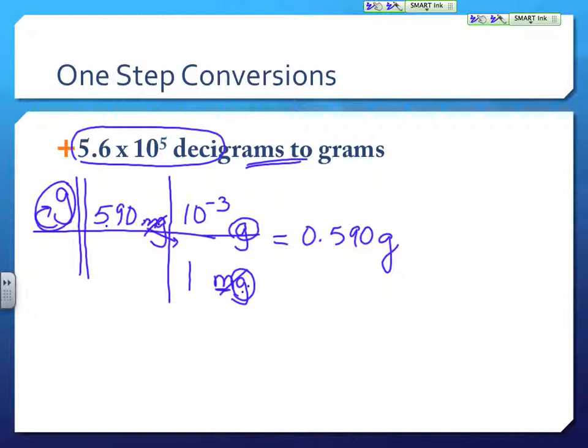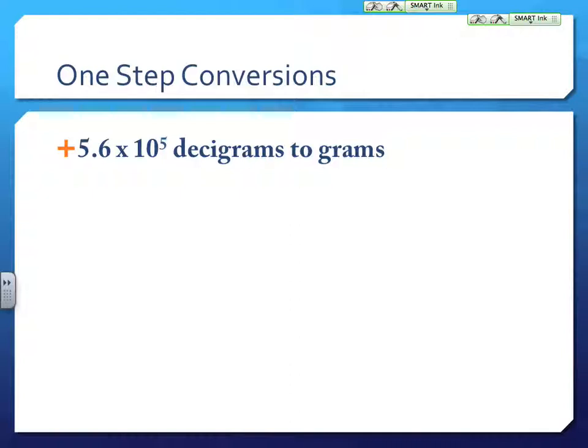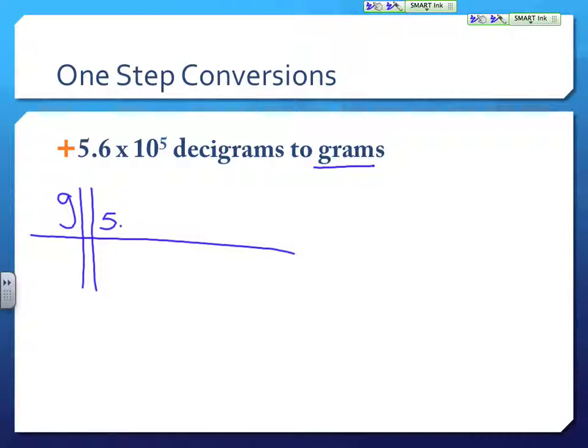Now, one last situation that we sometimes run into is that we have a number that's already in scientific notation, but we're still going to set it up the same basic way. Where am I going? I am going grams. What do I know? I have 5.6 times 10 to the 5th decigrams.